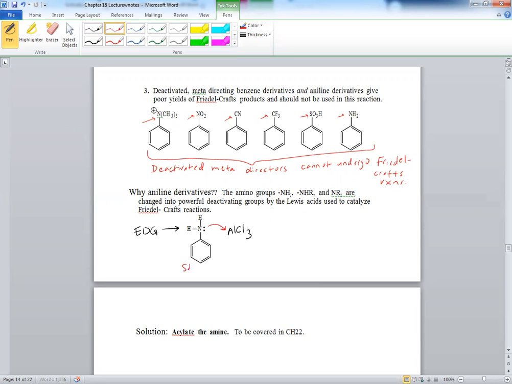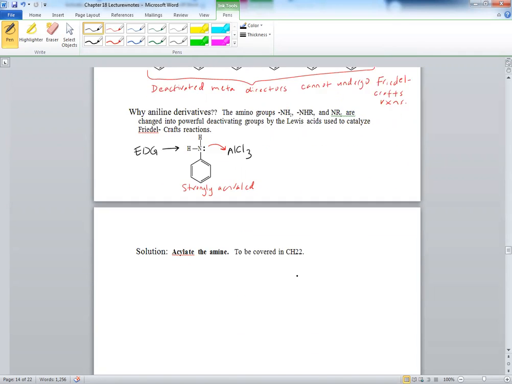So this was strongly activated before you engage in the reaction. What's going to happen is instead of, if you recall from before, the aluminum chloride reacting with the alkyl chloride or the acyl chloride, here you're dealing with this reacting with the aluminum chloride. So before I show you that, I'm going to explain a little bit here, because you might be saying, what is he talking about?